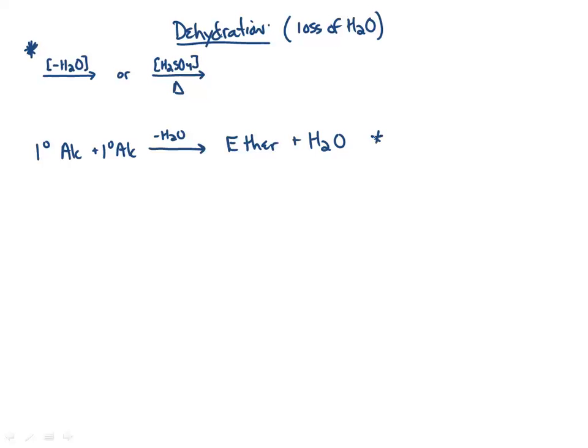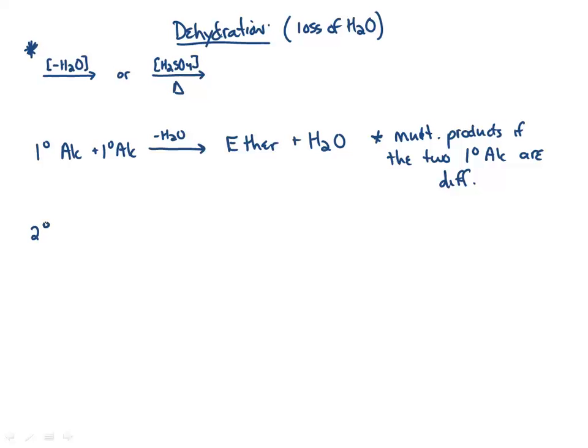And the tricky thing we have to remember about this is that there are multiple products if the two primary alcohols are different. So we're not quite done with multiple products in our answers, but for most of the rest of the reactions, there's usually a single answer that we're going to get.